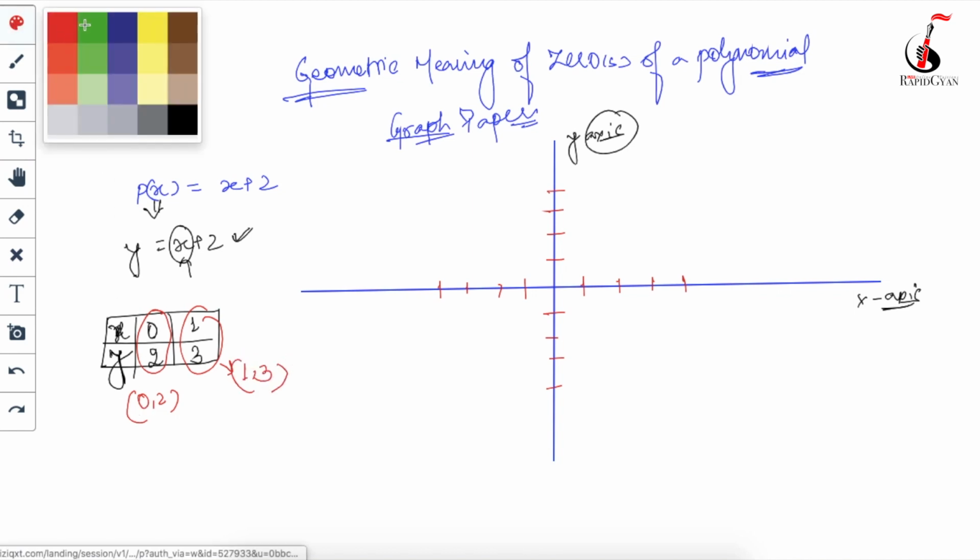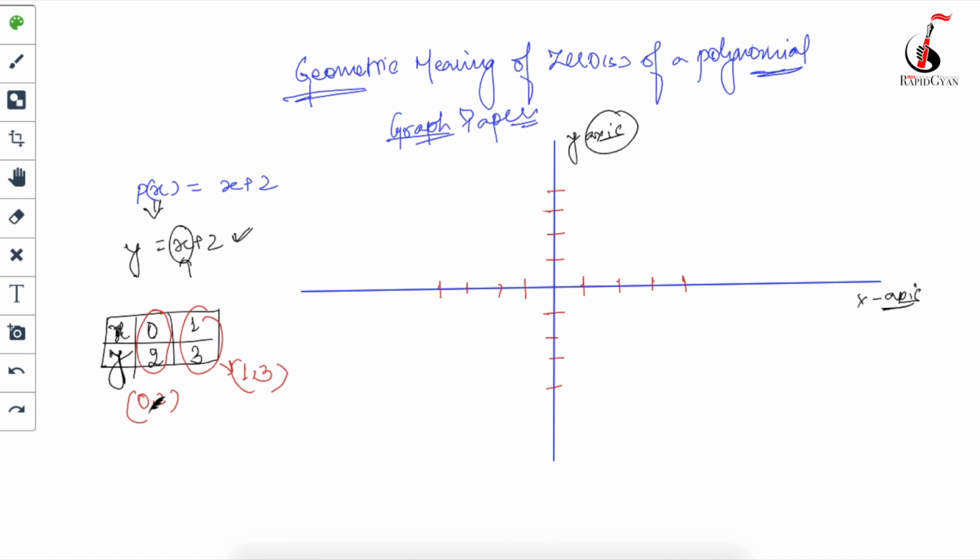Where will be your first point? (0, 2) means x is 0, y equal to 2, so this point is your (0, 2). Next one is (1, 3), so somewhere here this point is your (1, 3).